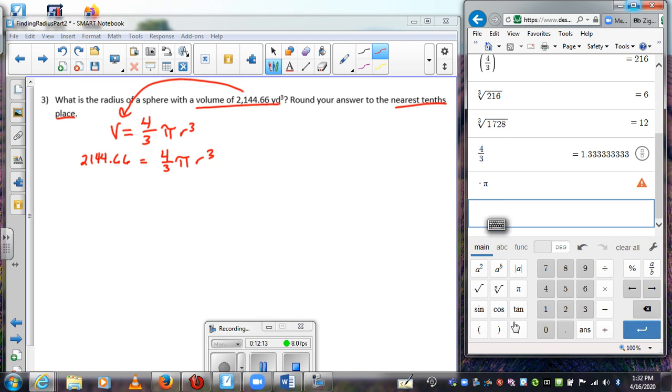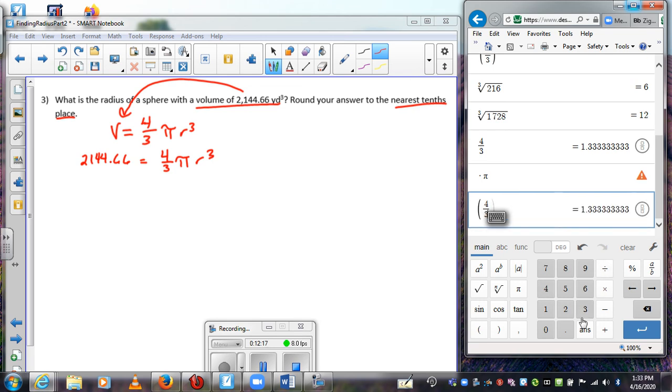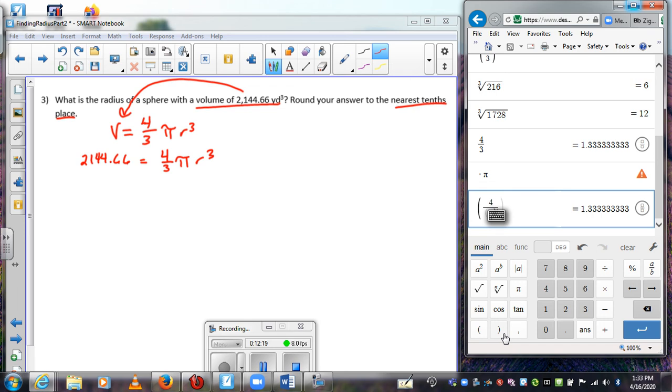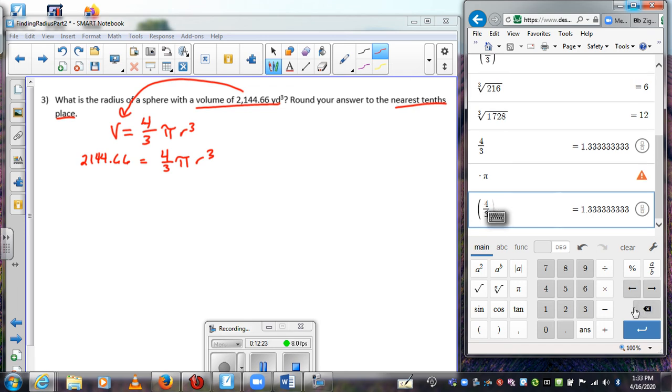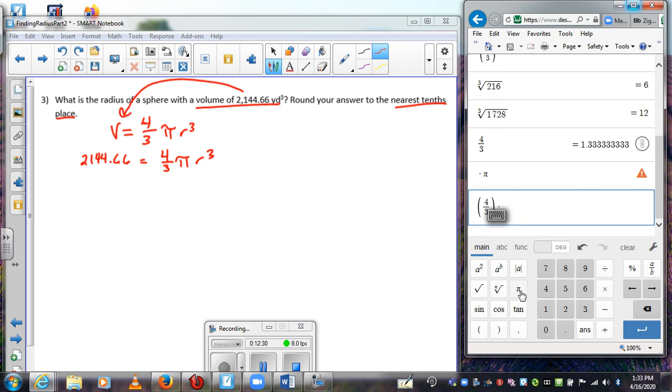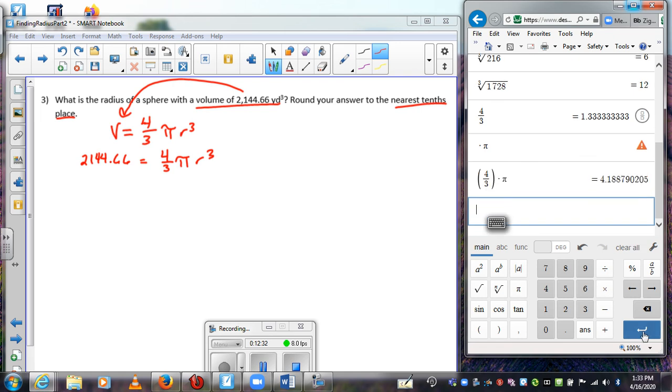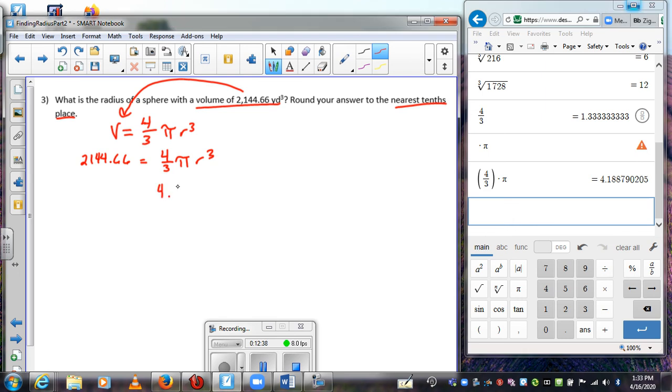I'm going to do parentheses: 4 divided by 3, close my parentheses. And now I'm going to hit times pi. All right, that's the number I was looking for. And the cool thing is it's the same every time, so you don't have to keep doing that every single time. So 4.1887, I'm going to take about 4 decimal places.